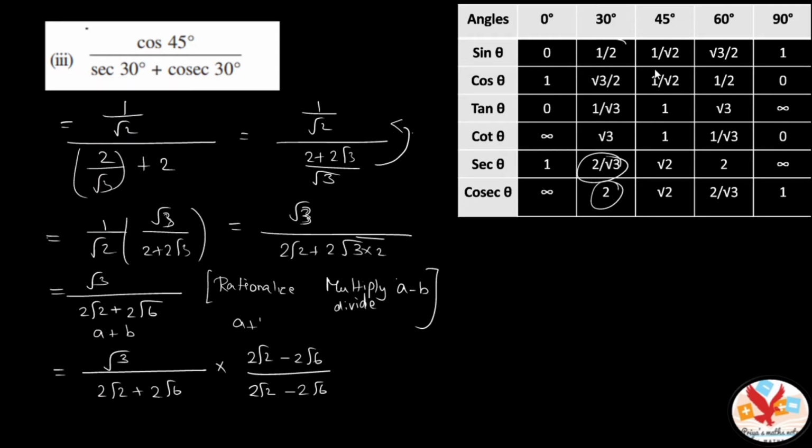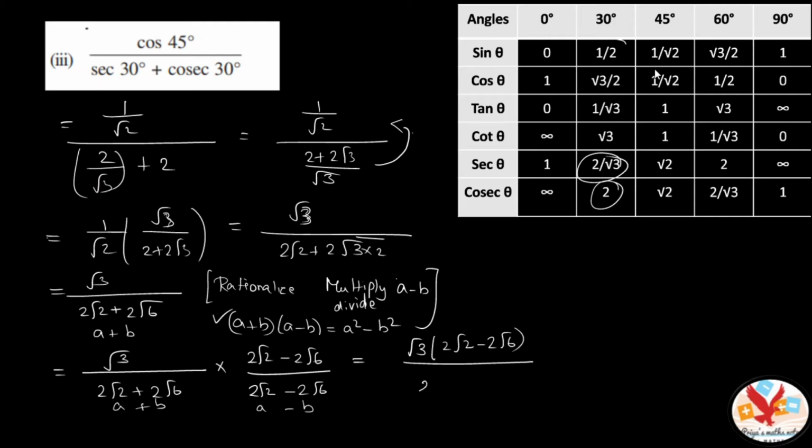A plus b into a minus b is a square minus b square. We are going to apply this in the denominator. Okay, therefore root 3 into 2 root 2 minus 2 root 6 divided by, it is in the form a plus b into a minus b.